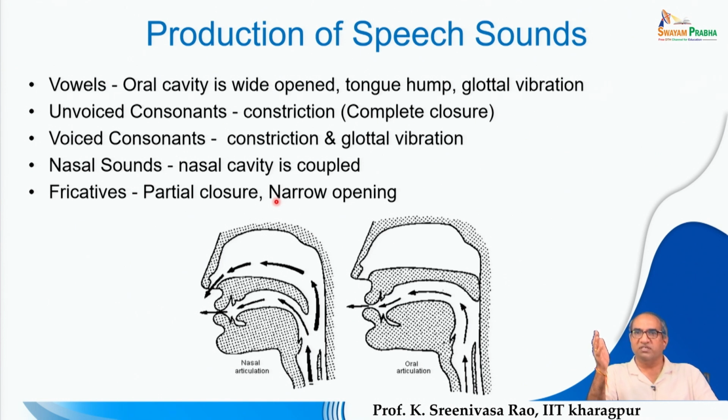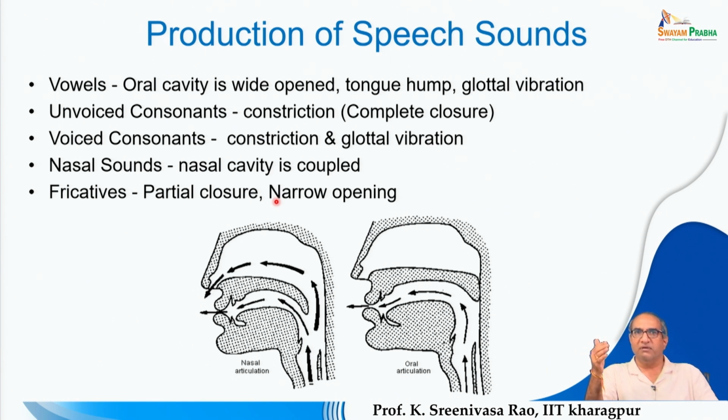But for the production of some sound units, we attempt to close the vocal tract but don't close it completely. It's almost closed, but there is a slight narrow opening. With that the turbulent air will be rushed through, which acts like excitation.